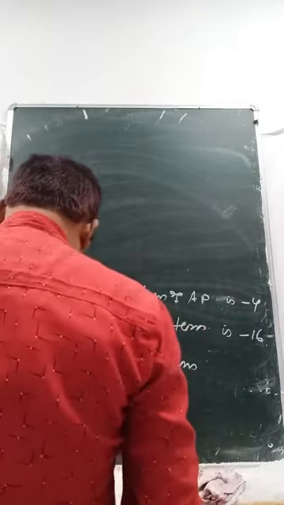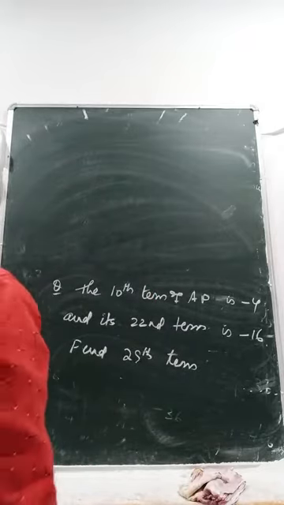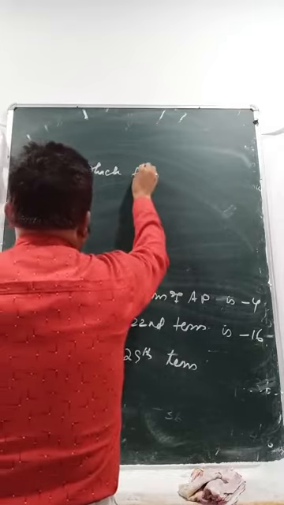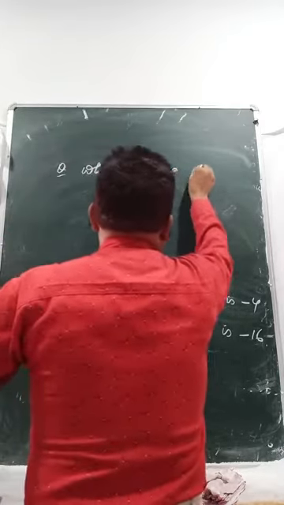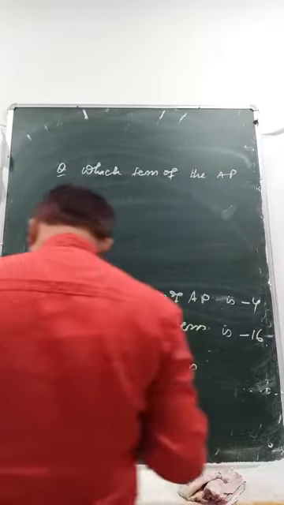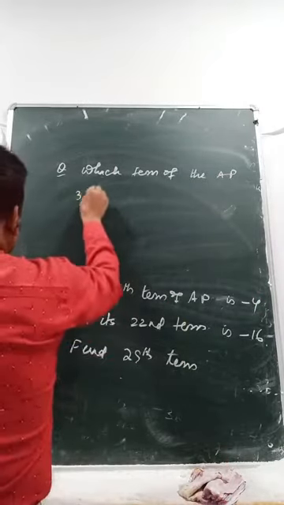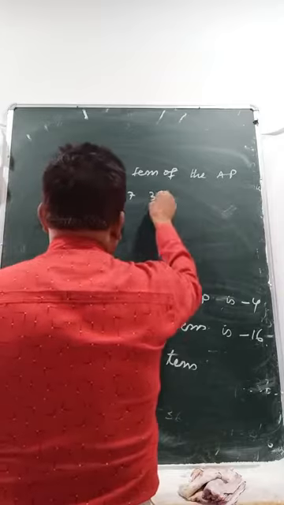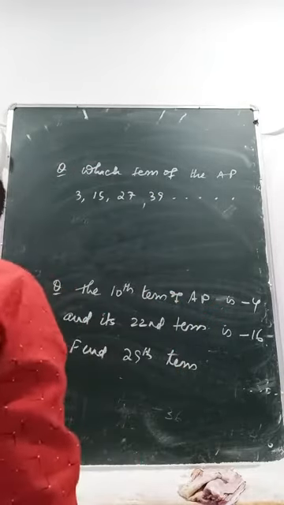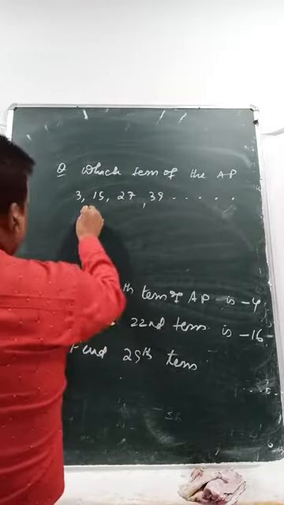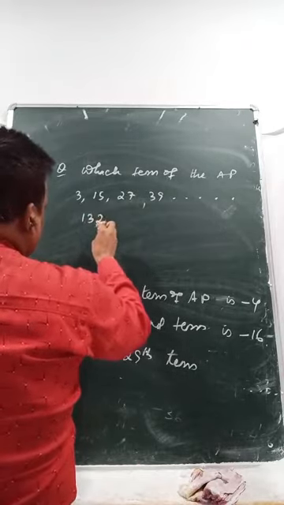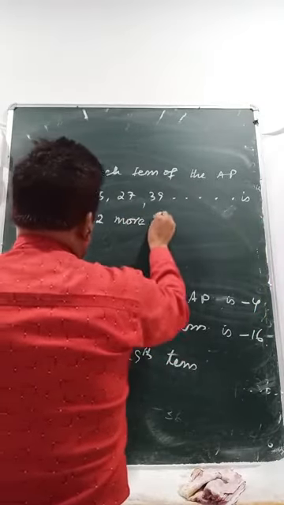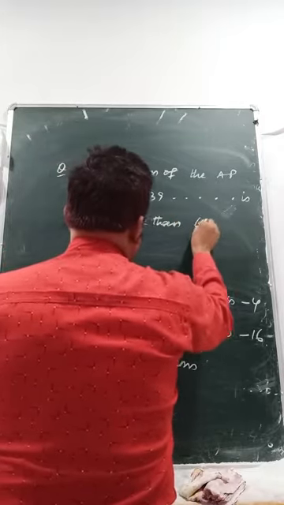Another pattern, look at that. There are so many varieties in this sector. Which term of the AP 3, 15, 27, 39 will be 132 more than its 68th term?